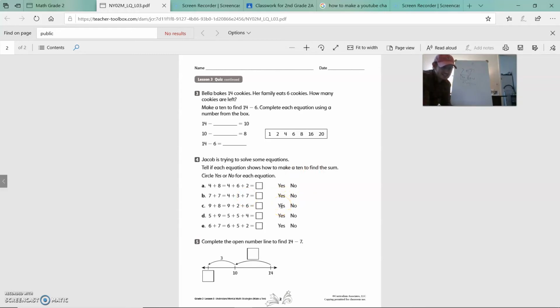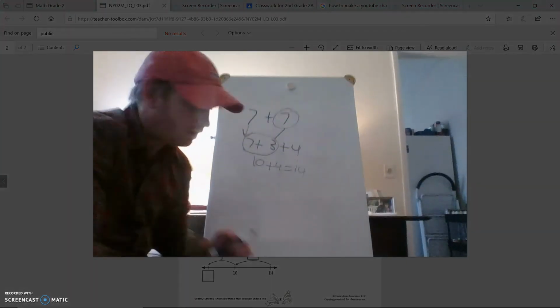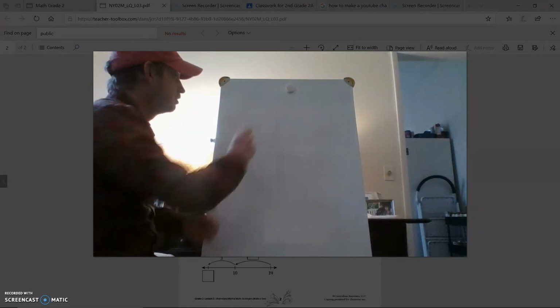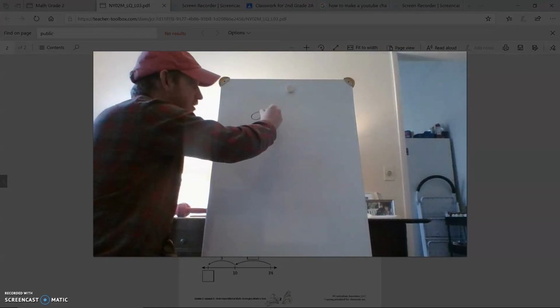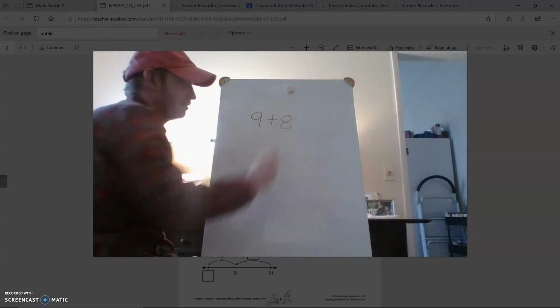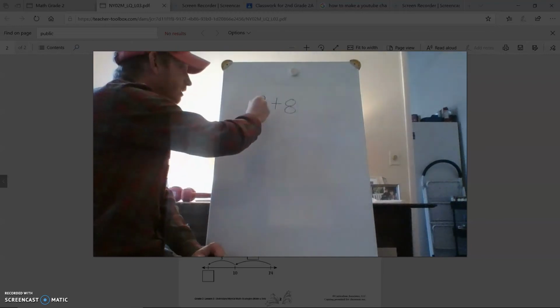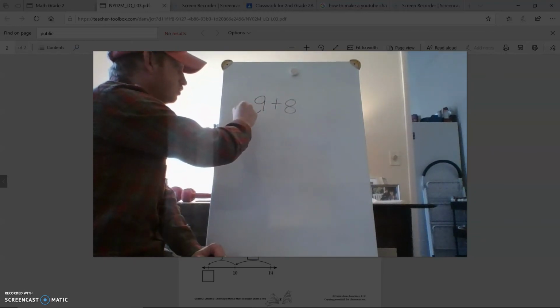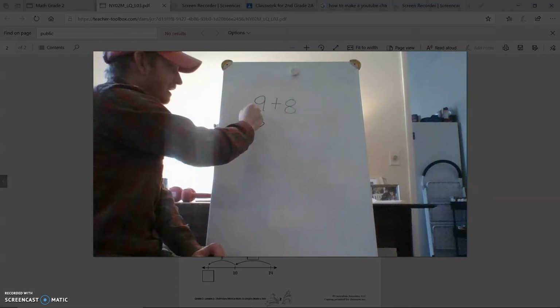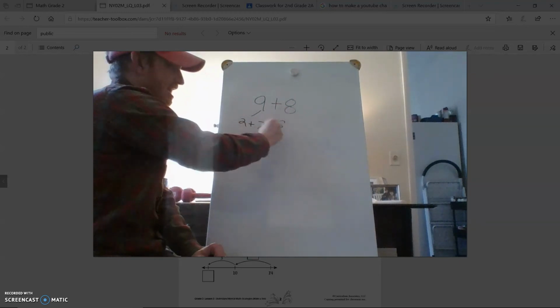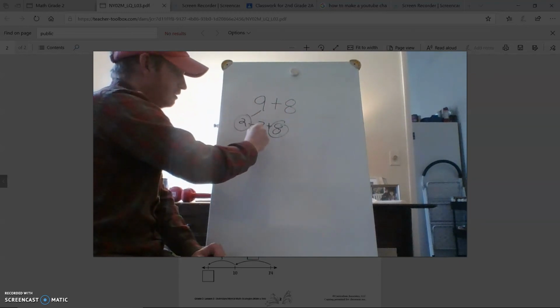Moving on to C. 9 plus 8. There'd really be two ways to do that. I'm going to do them both. 9 can break into 2 and a 7. So if you did that, it'd be 2 plus 7 plus 8. The 8 and the 2 make 10.